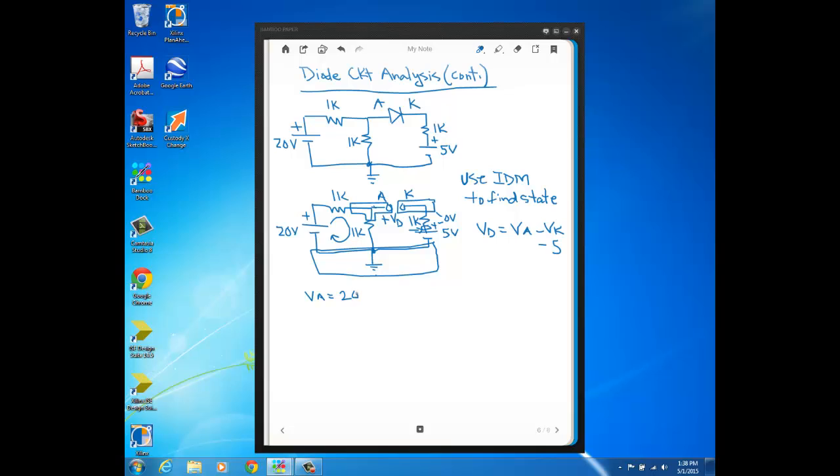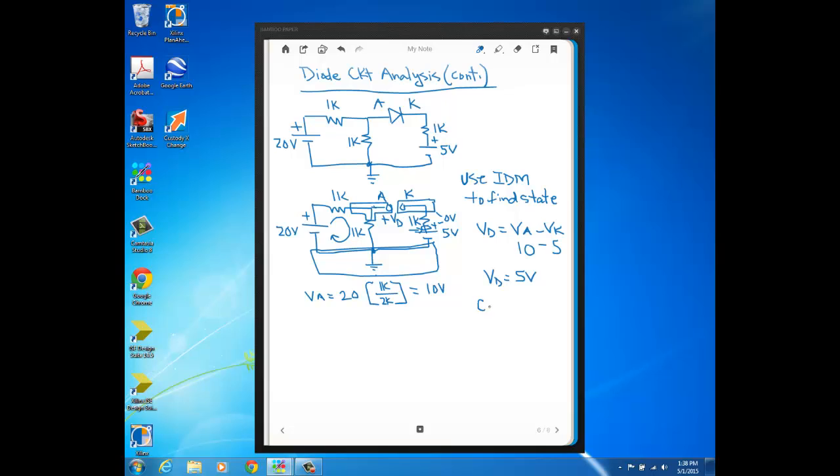So this is just going to be 20 times 1K over 2K, because in voltage divider you put the resistor you want the voltage for, which is the 1K, in the numerator, and then the Req of the series resistors goes in the denominator, which is 2K in this case, so 10 volts. You could also solve this problem by setting up a node voltage equation at node A. But either way, we come up with the diode voltage being 5 volts.